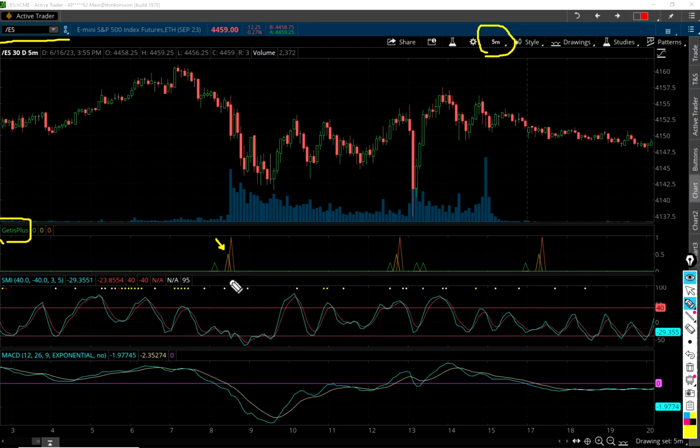I don't necessarily use this Getis Plus indicator to say, oh, I'm going to enter right now. But it does alert me that there's a possible trade coming up, and then I start paying attention. So in this particular case, is there something tradable coming up after this indicator comes in? Let's take a look.